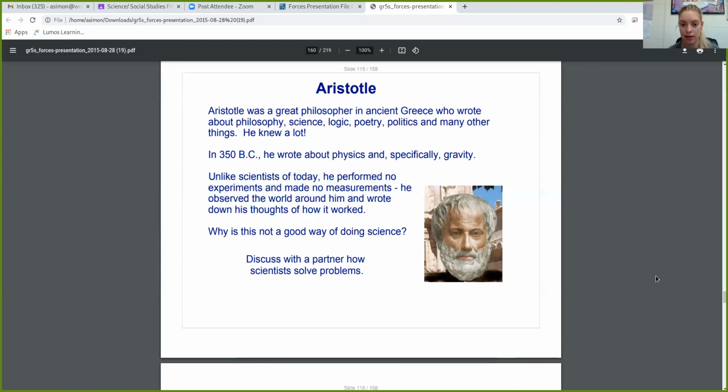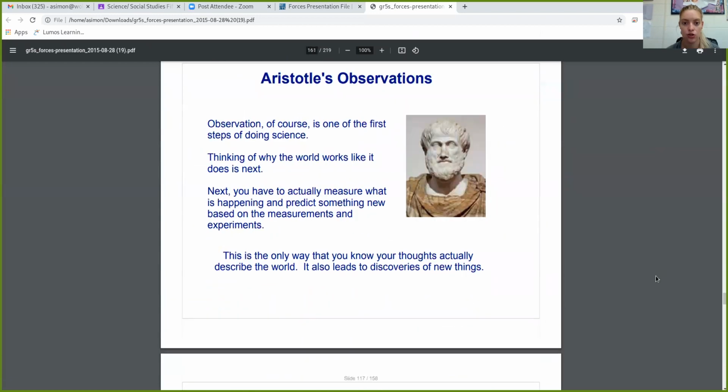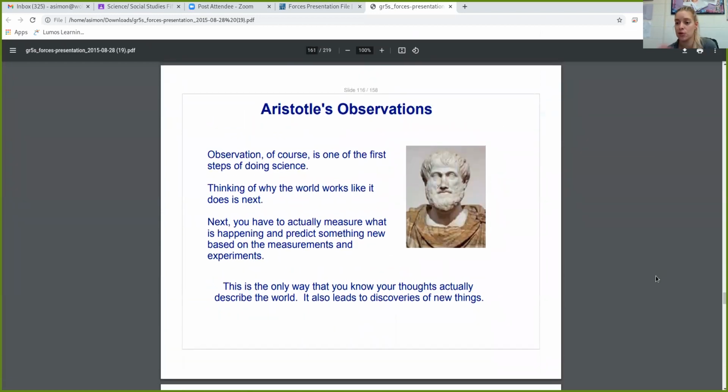All right, moving on. So what were his observations? Because as we saw, he never really experimented, he just watched. Observation, of course, is one of the first steps of doing science. We need to observe something. Thinking of why the world works like it does is next. Next, you have to actually measure what is happening and predict something new based on the measurements and experiments.